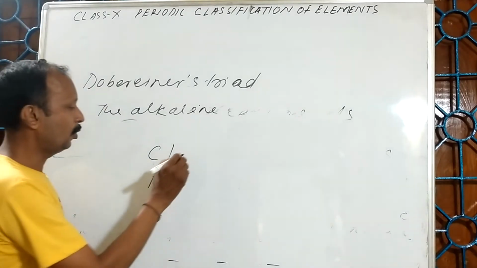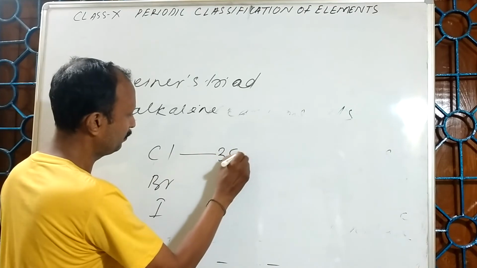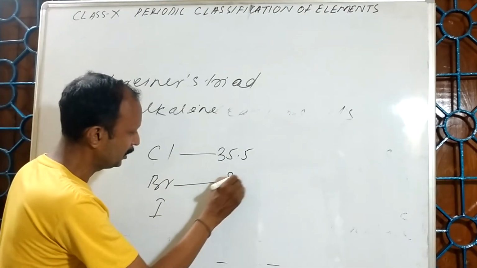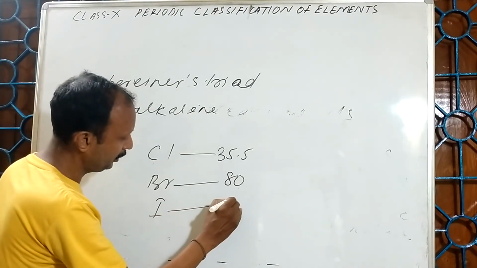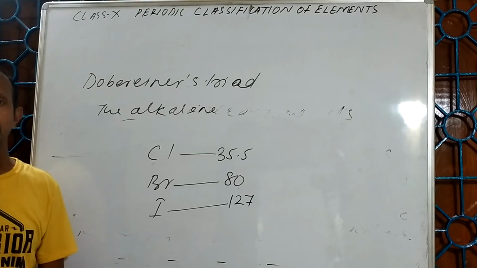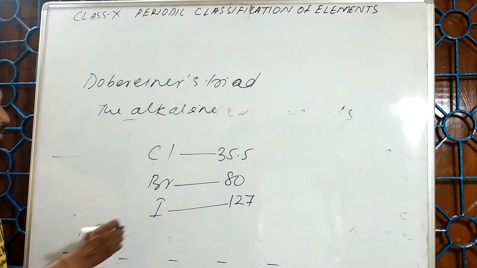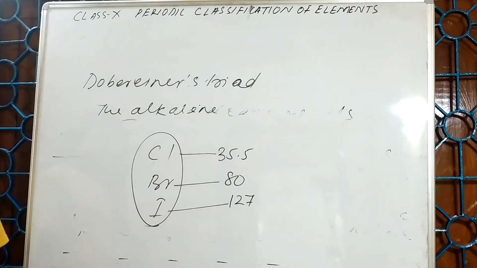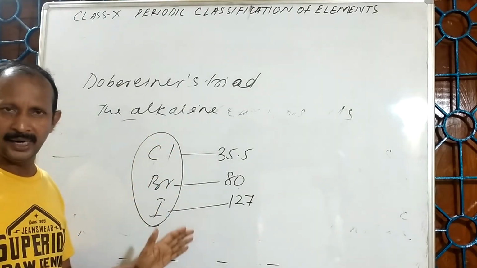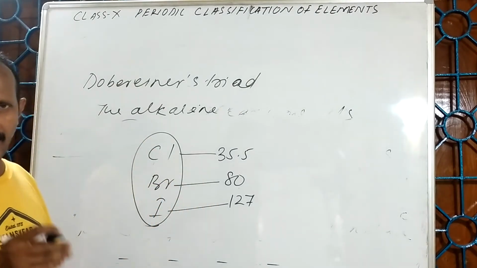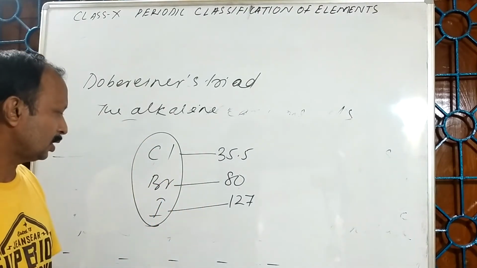You know chlorine atomic mass is 35.5, whereas bromine is 80, whereas iodine is 127. These three elements belong to halogens, because when they react with a metal they produce salt. That's why they are said to be halogens, meaning salt producers.